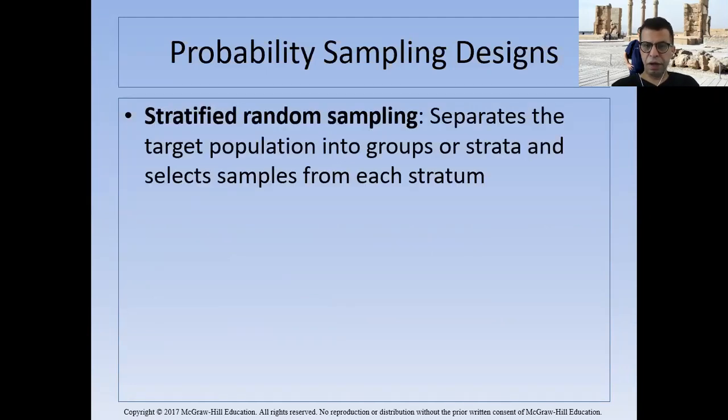So stratified random sampling is when you separate the target population into groups, or strata, and select a sample from each group. So you divide them into groups, select samples, and start asking them questions.